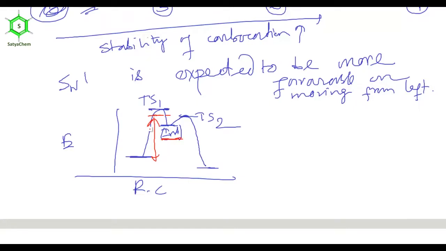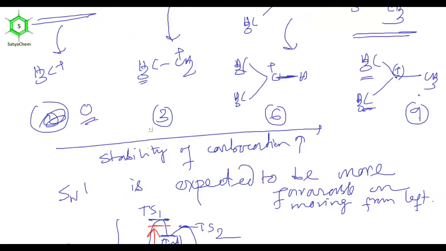If the energy barrier gets decreased, then reactions proceed smoothly. So that is why in case of tertiary butyl bromide, SN1 is the preferred one.